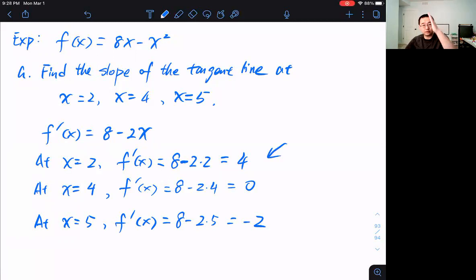Then at x equals 4 it's 0, meaning the tangent line is flat. At x equals 5 it's a negatively sloped curve. So this function rises until it hits x equals 4, the top, and then it starts going down.